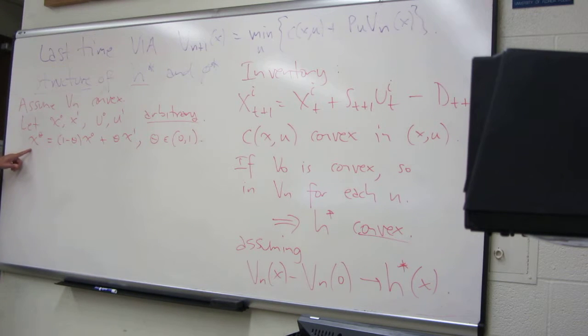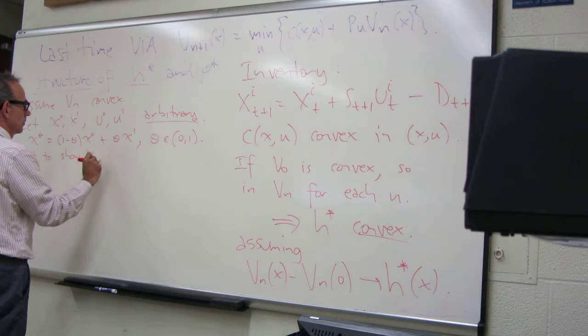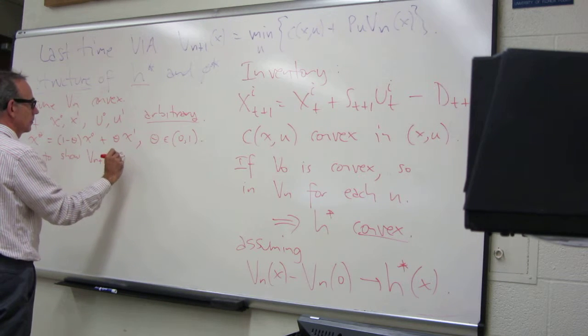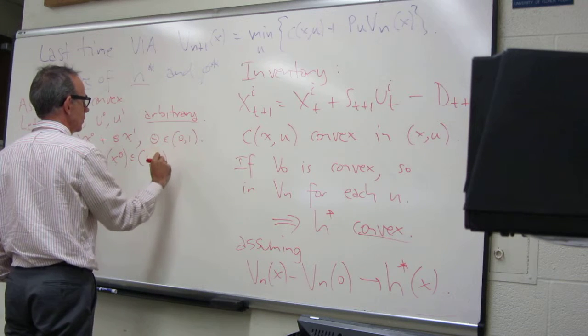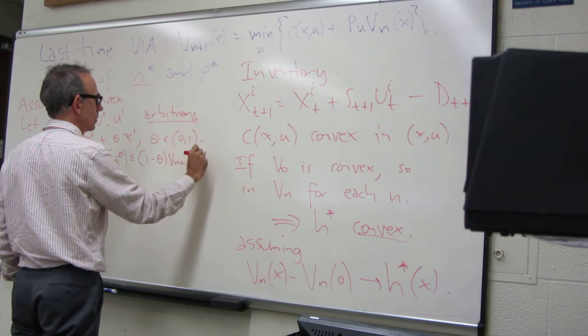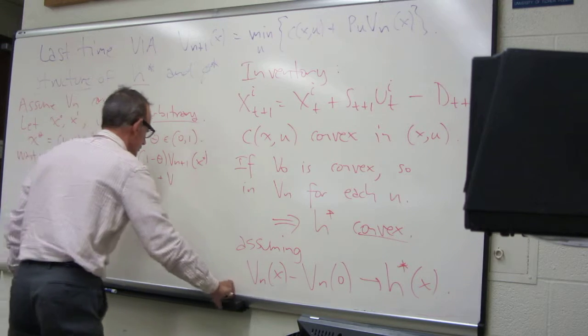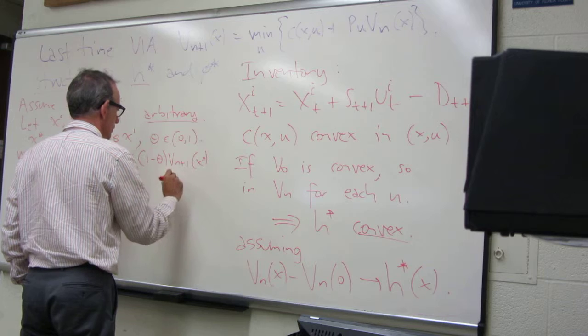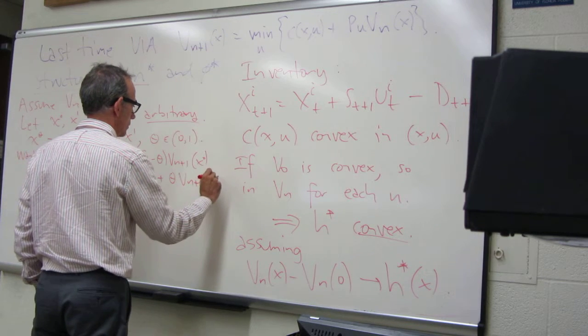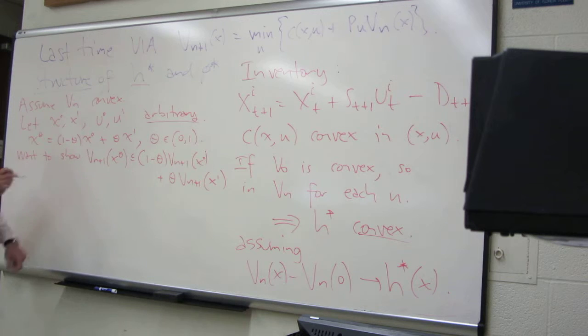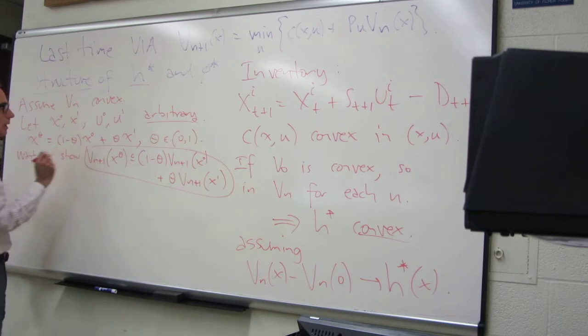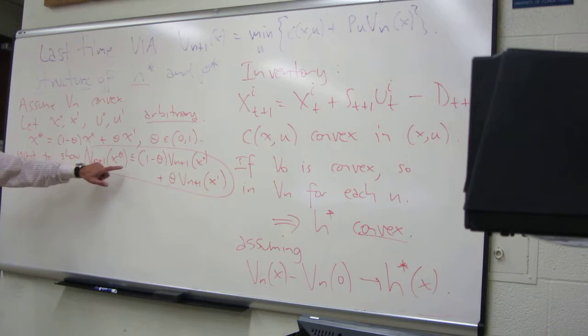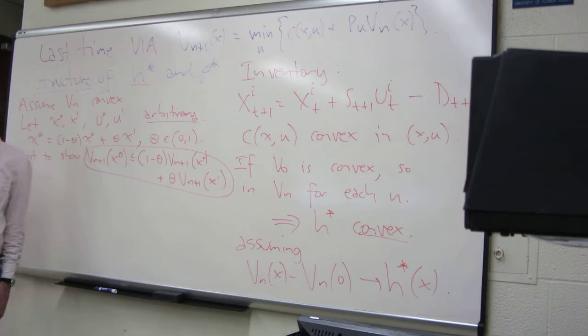So I want to be able to show that, that's convexity. That the value function at the intermediate point is less than or equal to a convex combination of the value functions. And can we do this in a few lines? I think maybe we can.